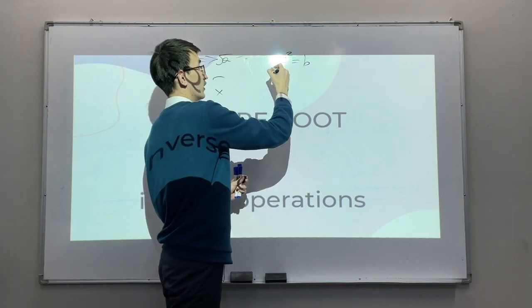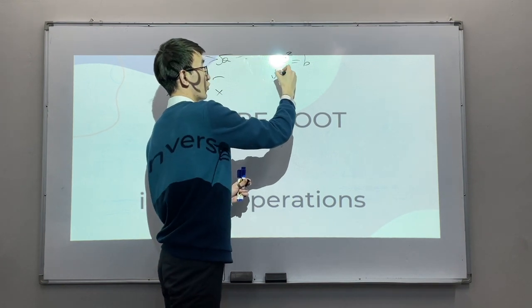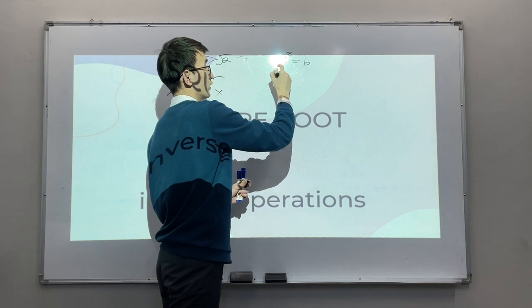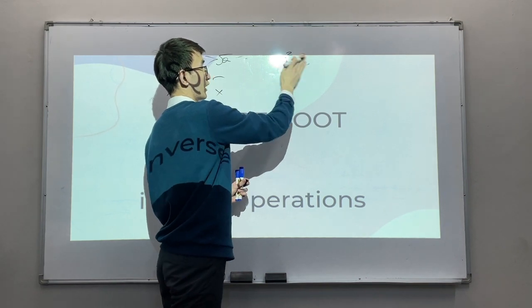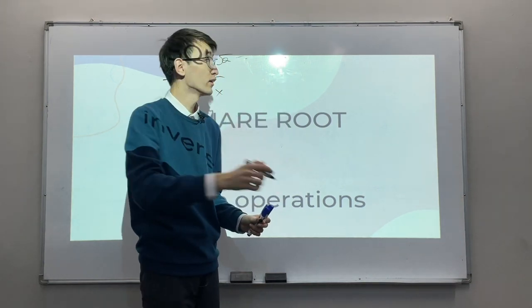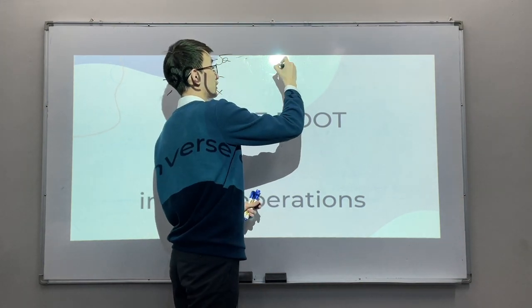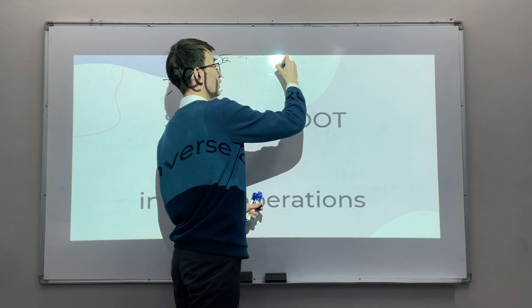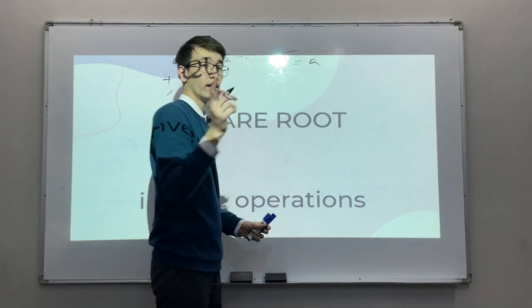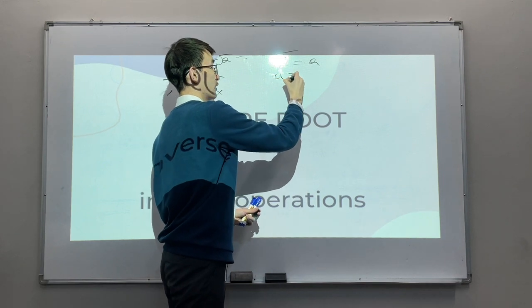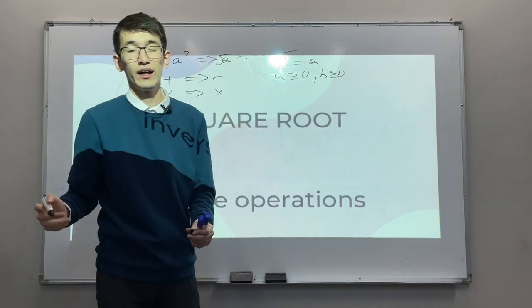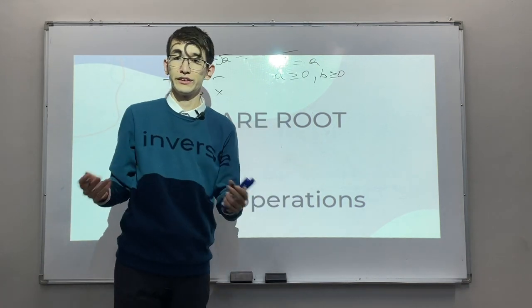Therefore, square root of b is equal to a, where a and b are greater than or equal to 0.